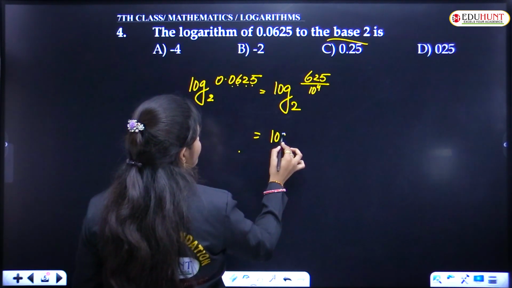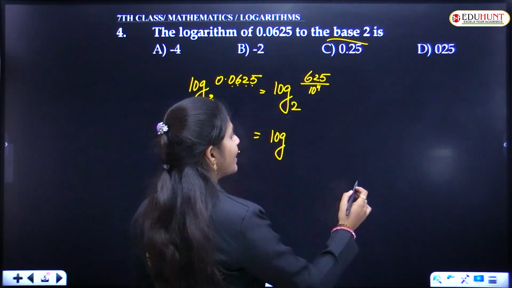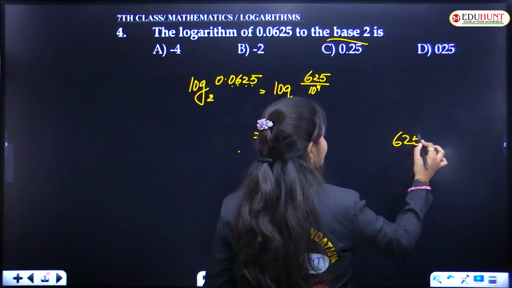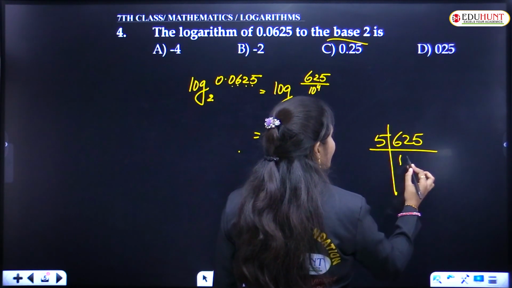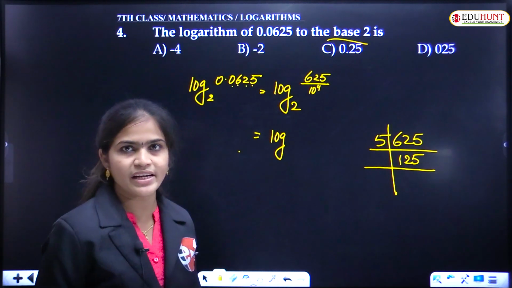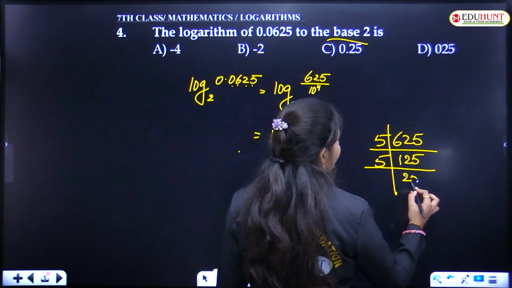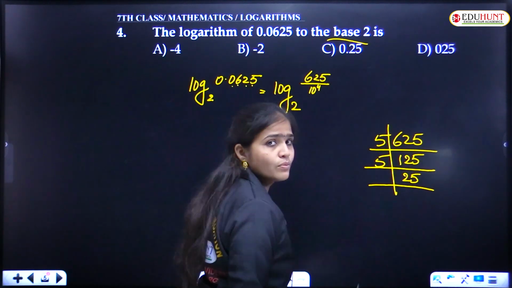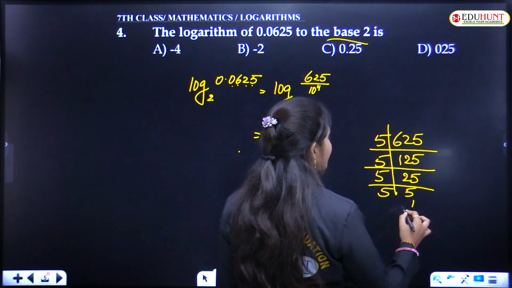Now we need the prime factorization of 625: 5 ones are 5, 5 twos are 10, 5 fives are 25, so 5 25s are 125, 625. Next, 5 twos are 10, 5 fives are 25, so 5 25s are 125. Next 5 fives are 25, 5 ones are 5.